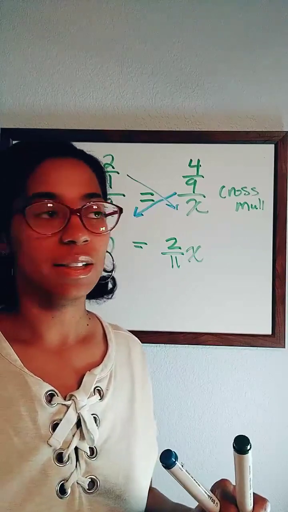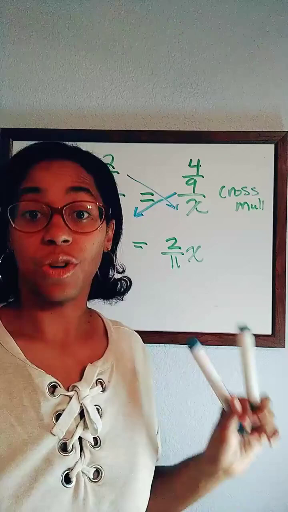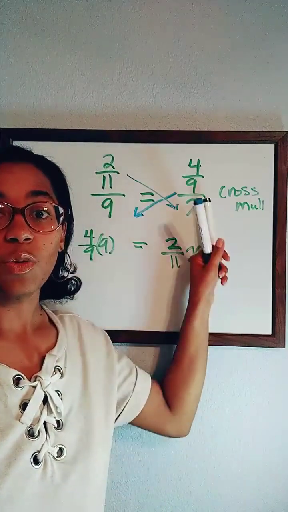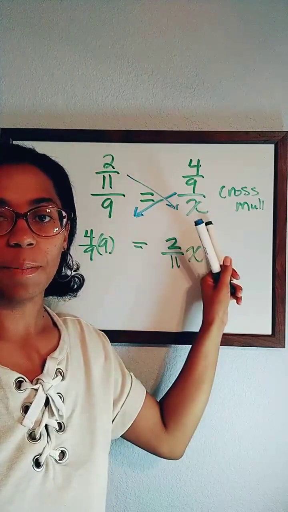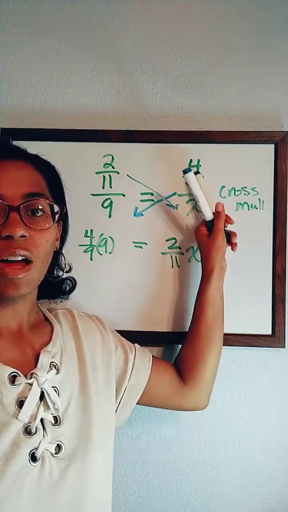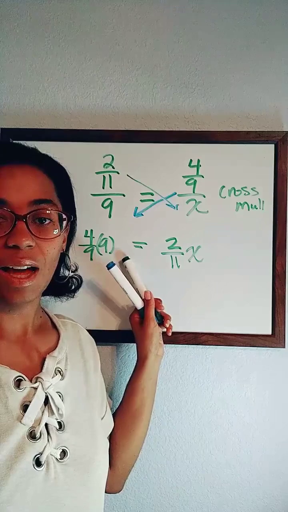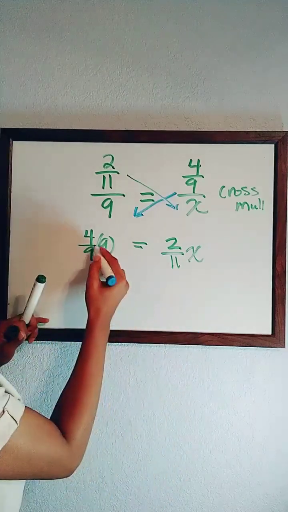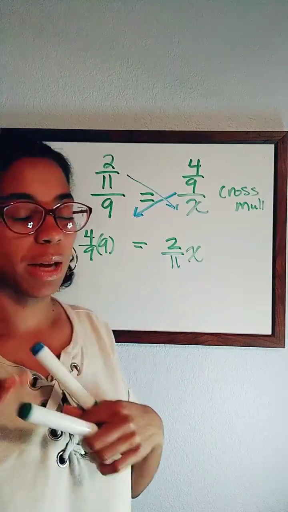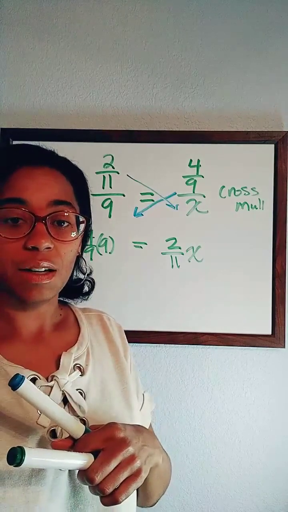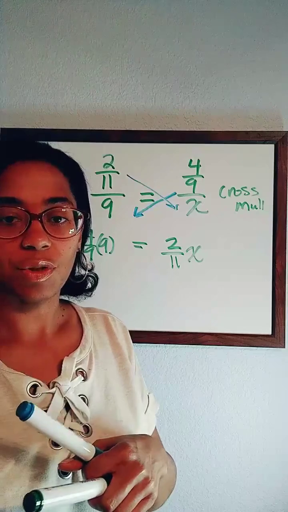No matter what it looks like, you're going to cross multiply. So numerator times opposite denominator, numerator times opposite denominator. So now I have 4/9 times 9, and I'm going to show you, if I was to do, remember, how do we multiply? Okay, let me back up. Do they let you use a calculator, Shaprisa? Or do you have to do it by hand?